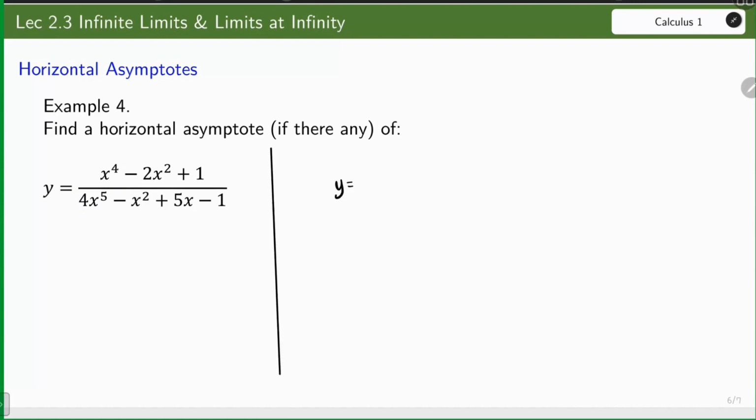y is equal to the limit of x raised to 4 minus 2x squared plus 1 all over 4x raised to 5 minus x squared plus 5x minus 1. We divide the numerator and denominator by the highest powered variable, x raised to 5.